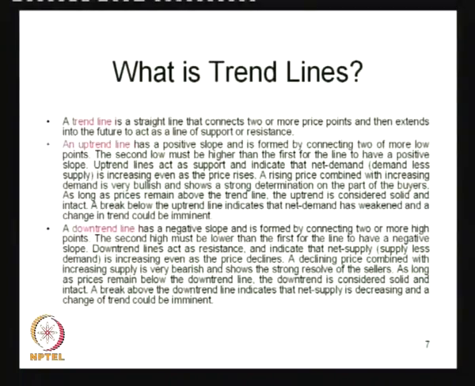So, if you see trend lines, what does a trend line mean? Basically, a trend line is a straight line that connects two or more price points and then extends into the future to act as a line of support or resistance.